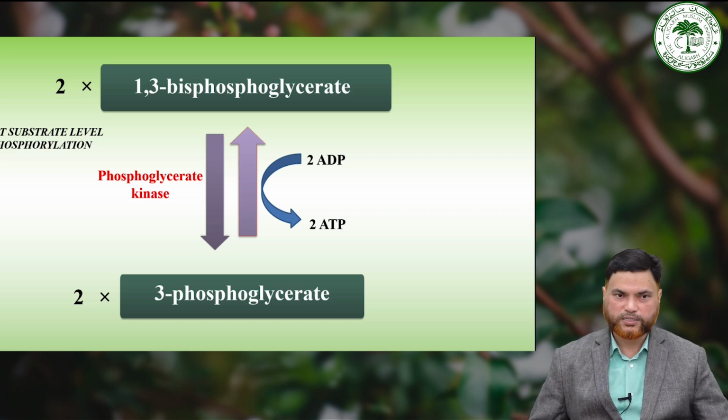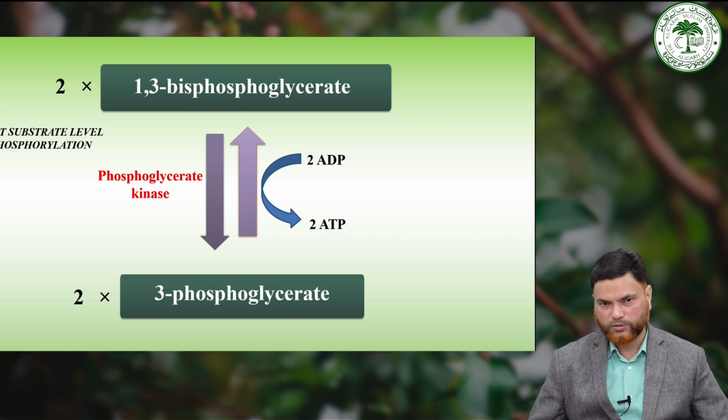So this is a very interesting example of substrate level phosphorylation, where the substrate is donating its phosphate group to an ADP molecule because of having higher phosphoryl group transfer potential than other intermediates present in the cytosol.